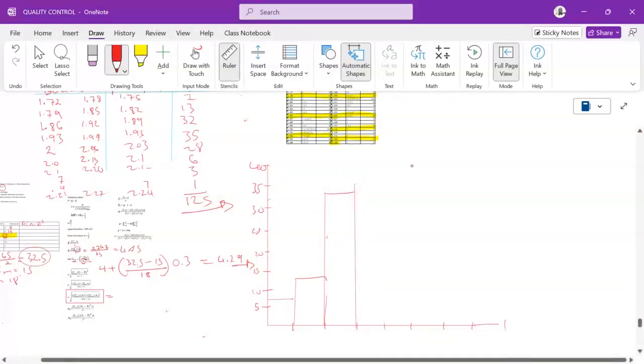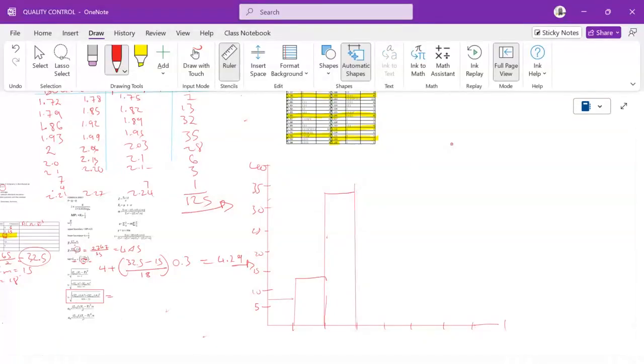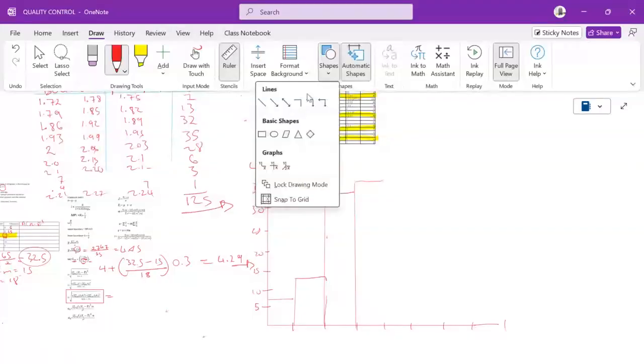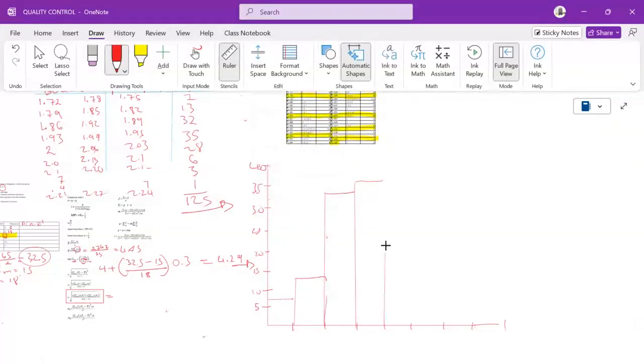Then from 35, you go to 28. This is 25, that is 28 somewhere here.